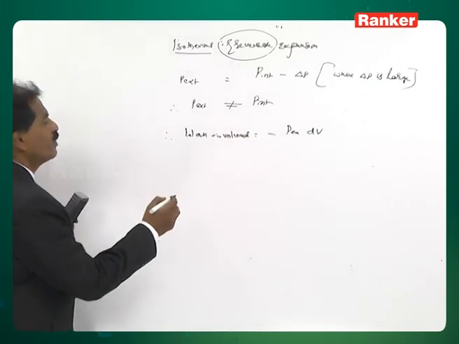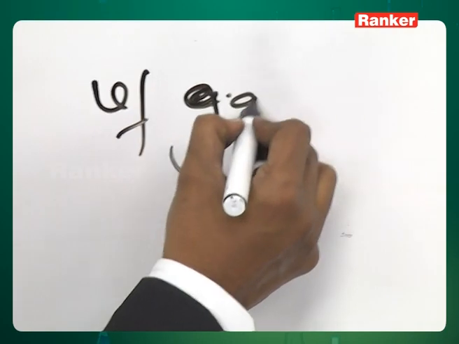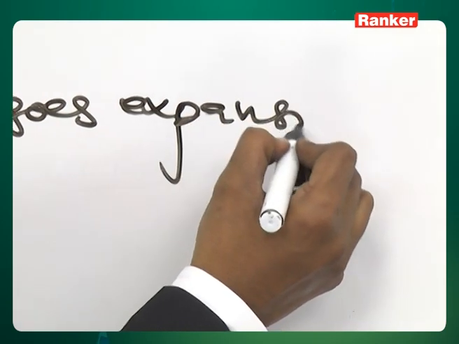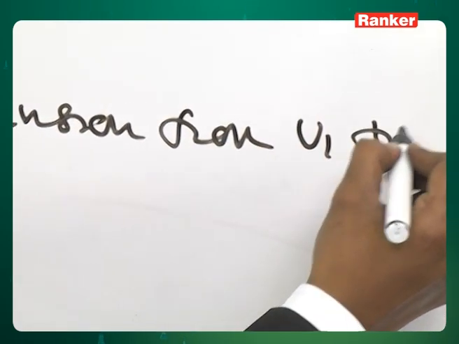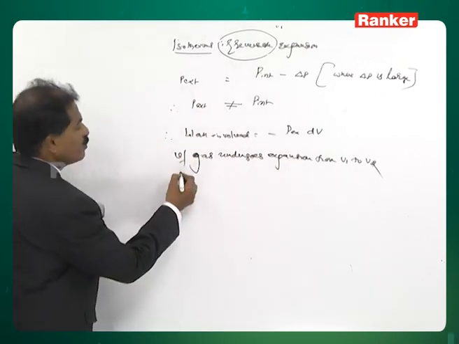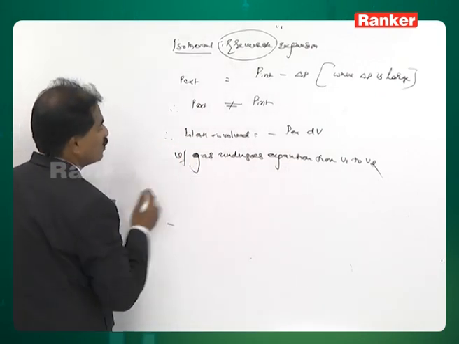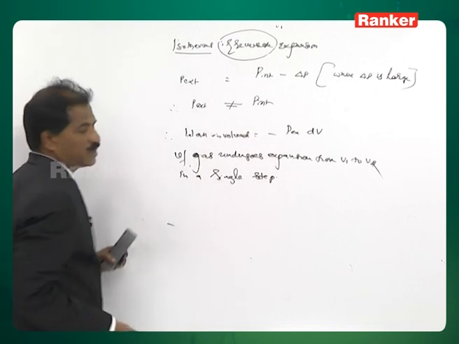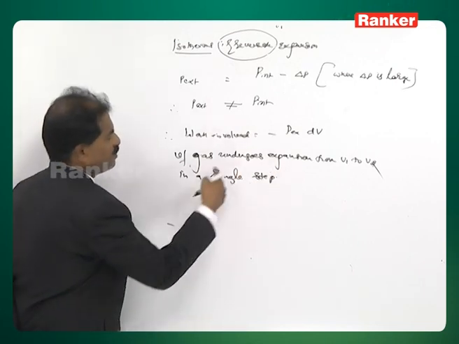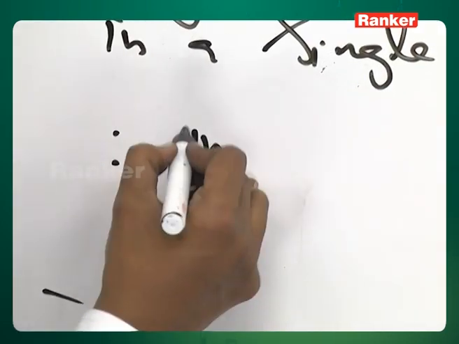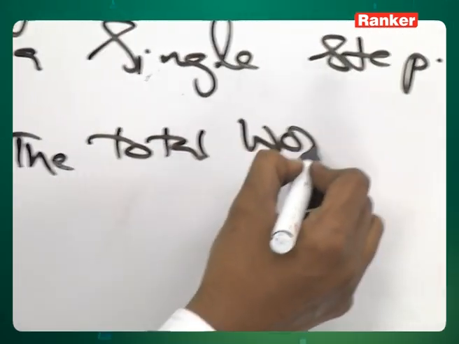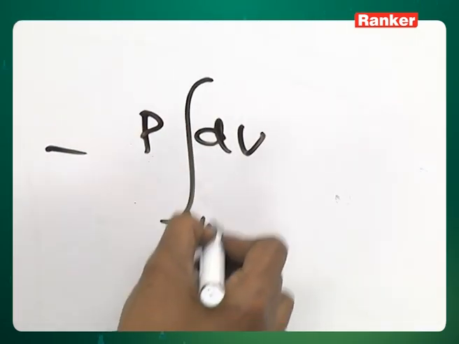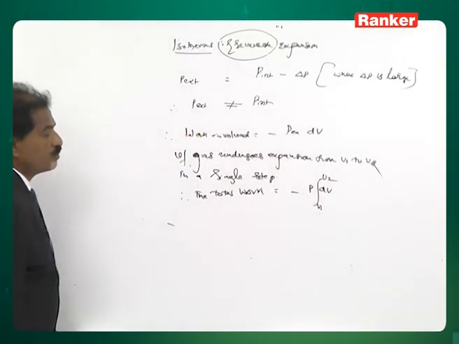Next, if the gas undergoes expansion from V1 to V2 in a single step, the total work is equal to minus P dV, integral from V1 to V2.